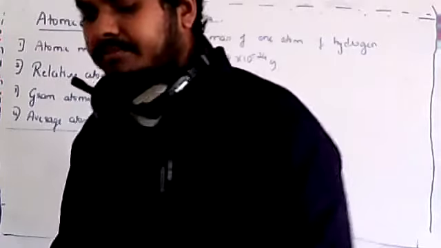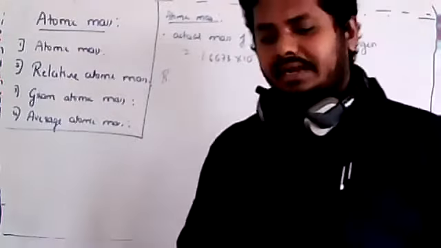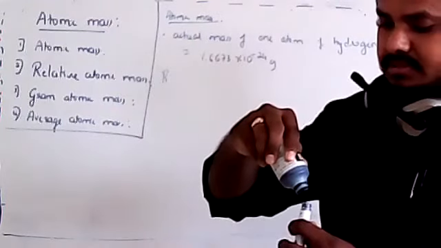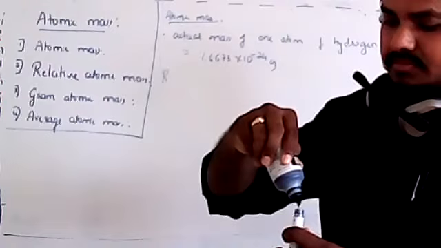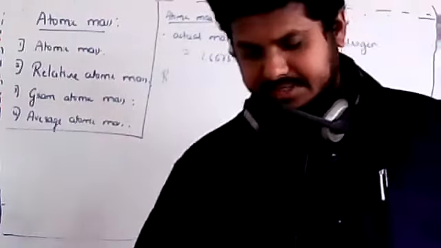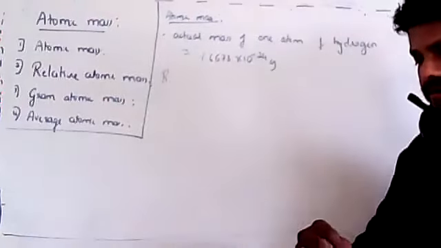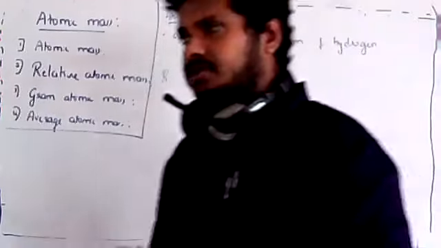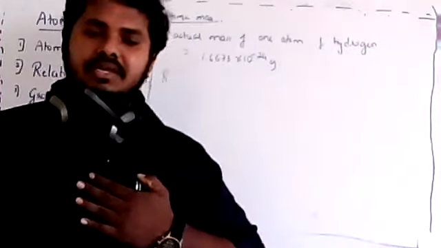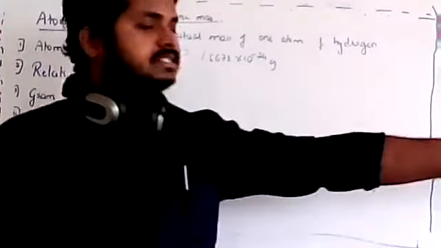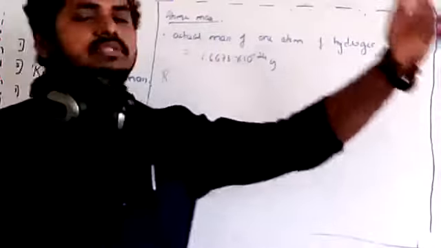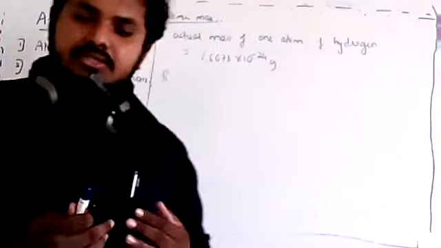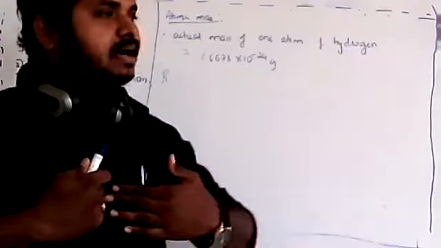Relative atomic mass is something where you will be comparing the masses. For example, if my weight is 50 kg, and someone X has a weight of 100, then instead of using these numbers 50, 100 repeatedly, I can compare my mass with his mass.